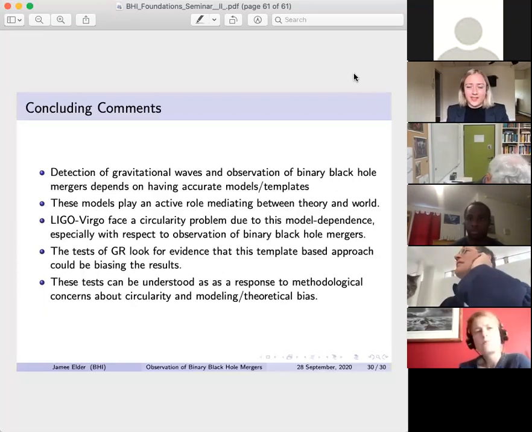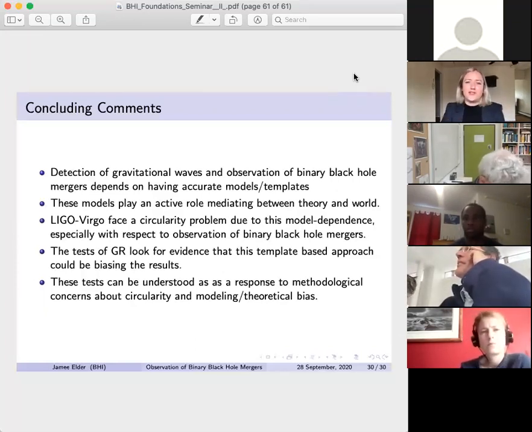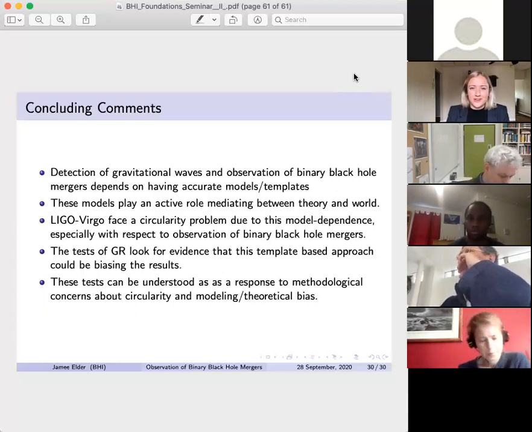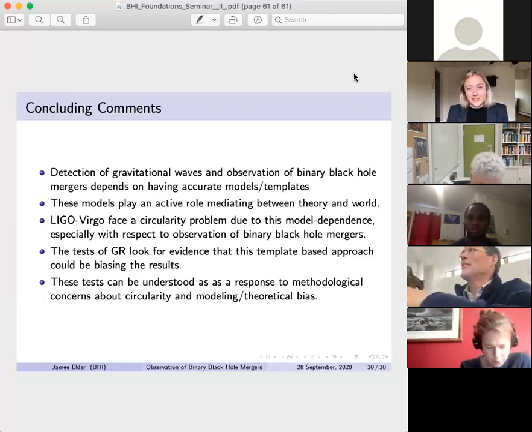But I think one strategy that's often employed here is a robustness style approach, having different avenues into evaluating whether something's going wrong. So the fact that you've got the modeled search and the unmodeled search, and each of these is giving you not identical results, but you're detecting the same things and they look pretty much the same.